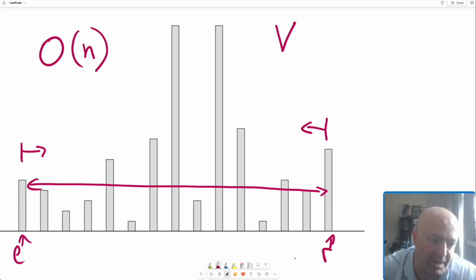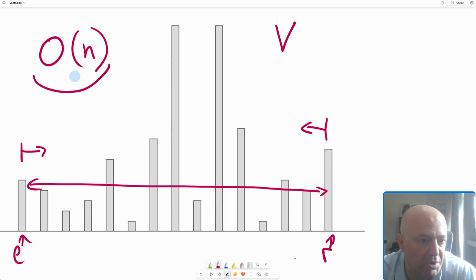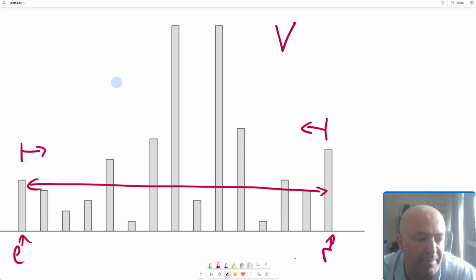Because if we have to come back, we could easily go back to O(n squared). So if we're going to abandon a wall, either wall, we better ensure that this wall cannot be part of a better container.